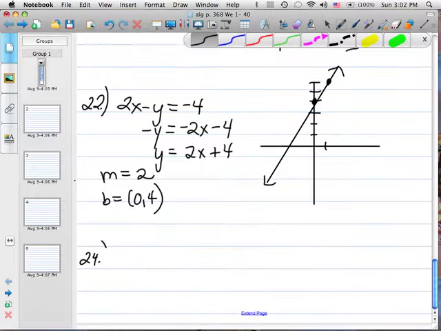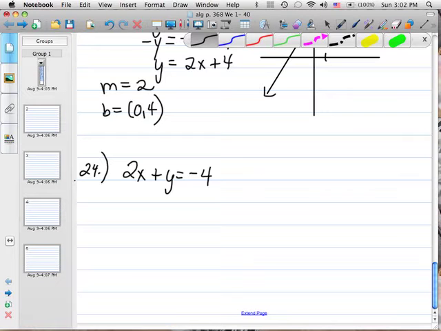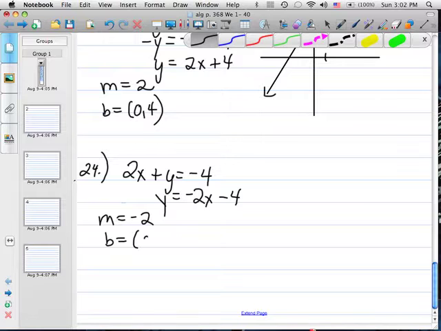Problem number 24, we have 2x plus y equals -4. We need to get it in slope-intercept form, so we're going to subtract 2x from both sides, so we get y equals -2x minus 4. So our slope is -2, and our intercept is 0, -4.